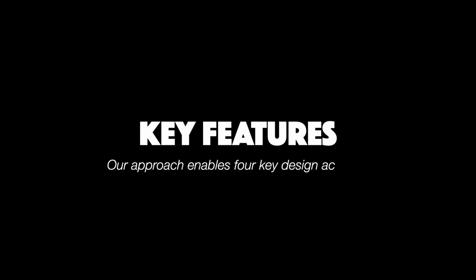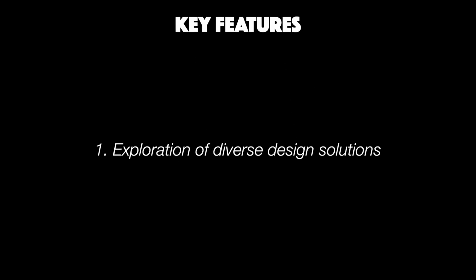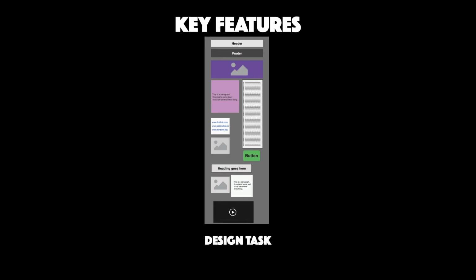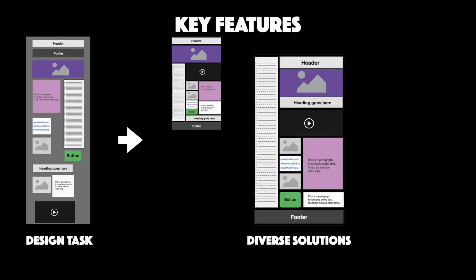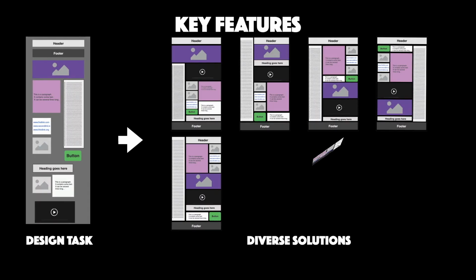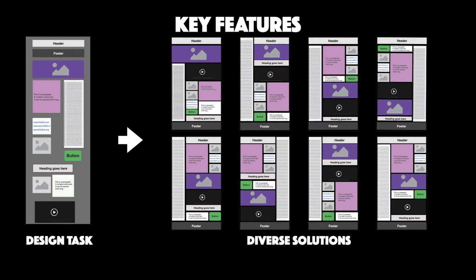Given that our computational approach can generate good layouts, I'll next discuss some key features for supporting designers in their interactive tasks. First, our approach supports design exploration by suggesting diverse solutions to a given design problem. For example, for this given design task, here are 8 different unique solutions. Second, our approach allows designers to autocomplete their designs.